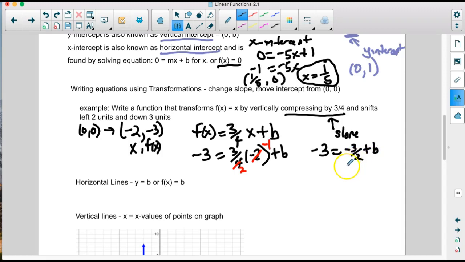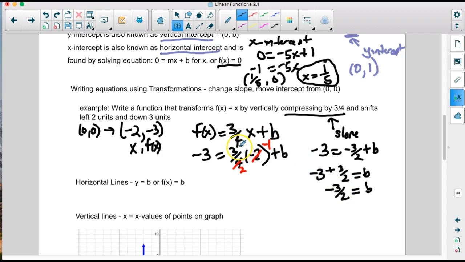We're going to add that to both sides. So we're going to have negative 3 plus 3/2 here for b. Well, that's negative 6/2 plus 3/2, so our b answer is going to be negative 3/2.